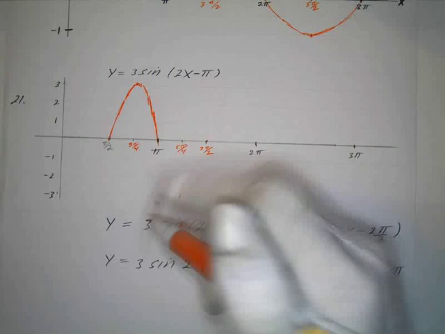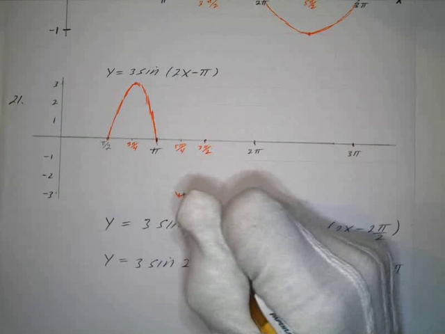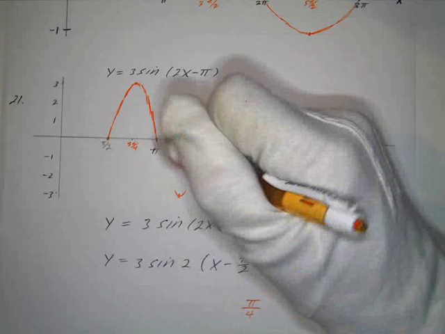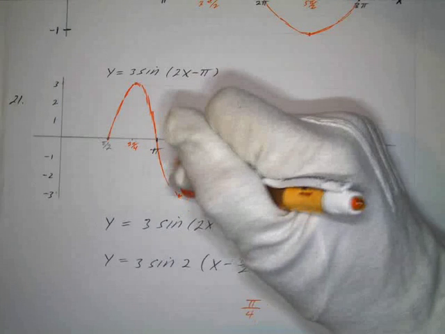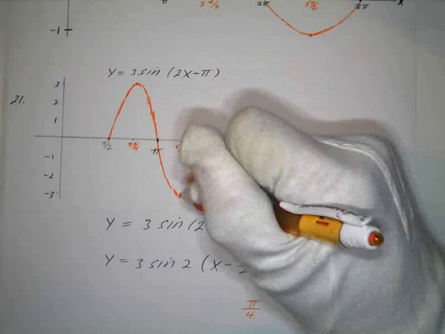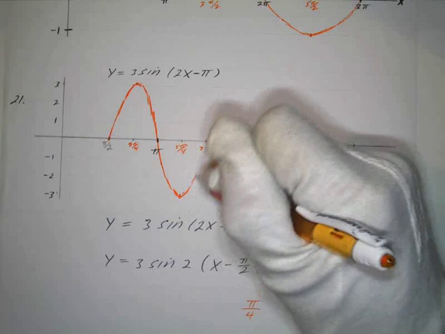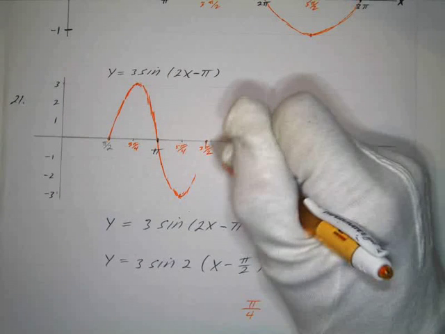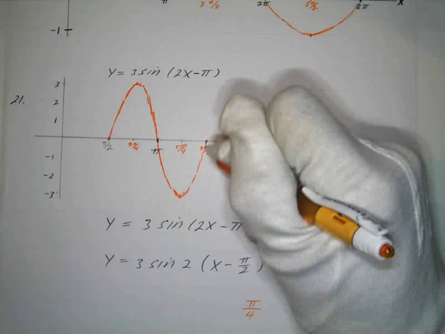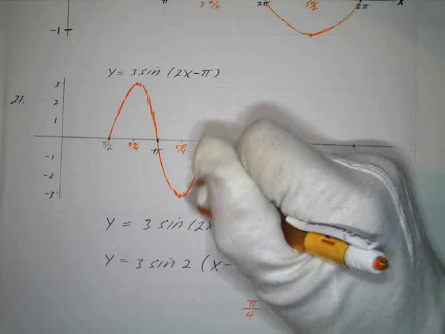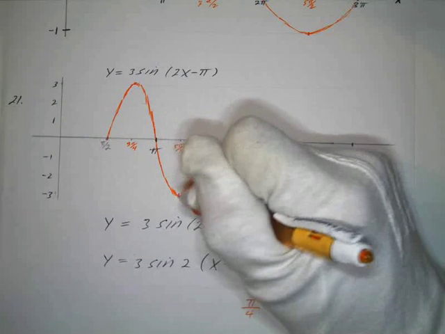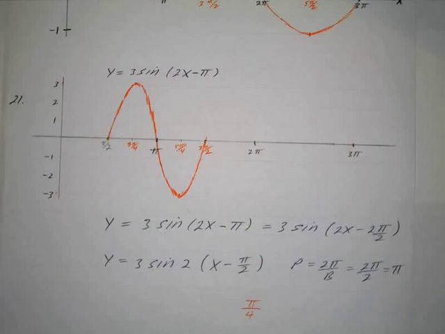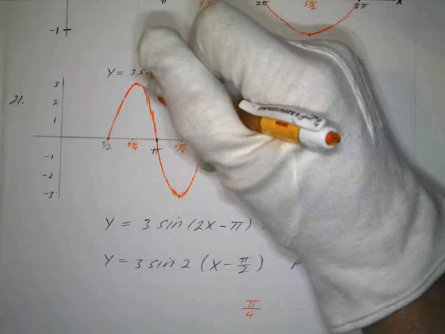Now, I'm afraid I might get a pointy part here, so I'm going to make a little bowl here so that I curve around there. I don't know if that'll help. Hopefully it will. Comes right back around here, and up there, and there's 1 period, 1 cycle. Okay, something like that.